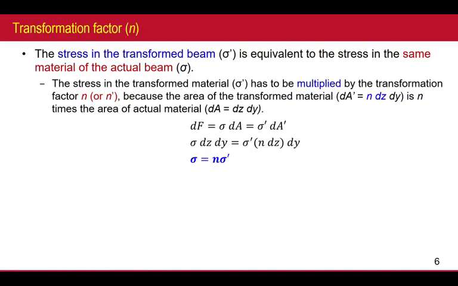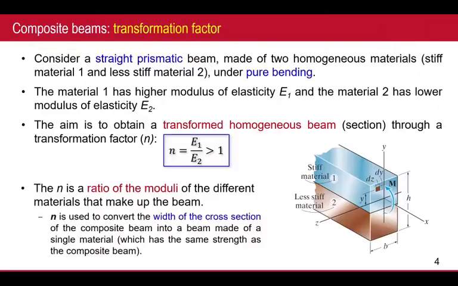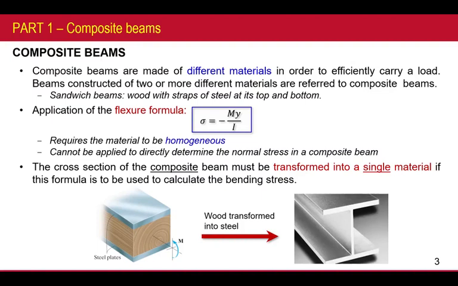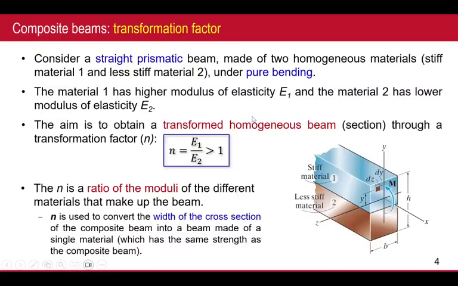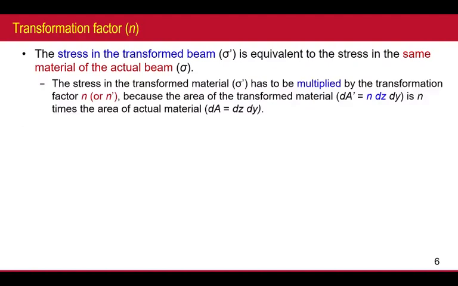So that means after we transform, we work out sigma prime based on the equation for a single material. Then afterwards, we should multiply by n to become the real situation.